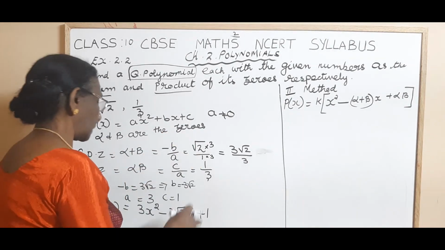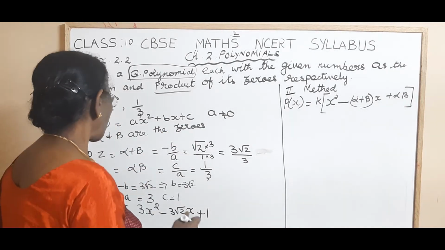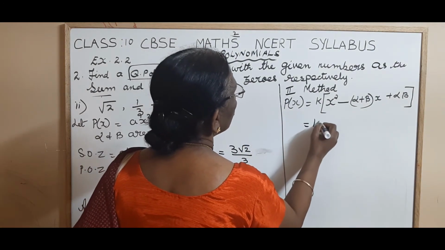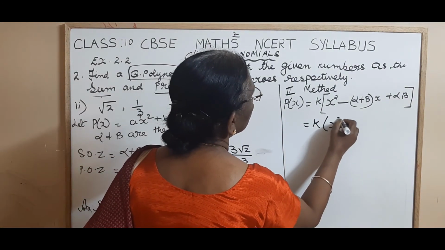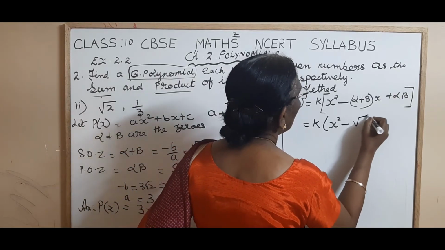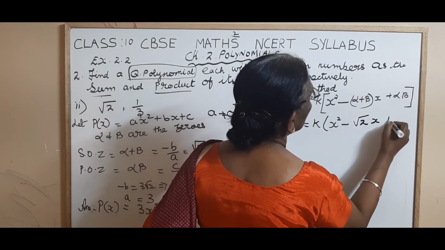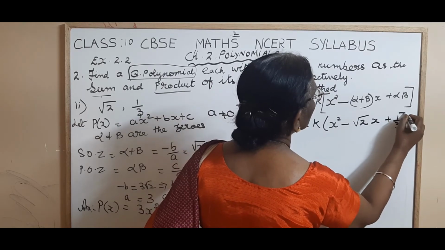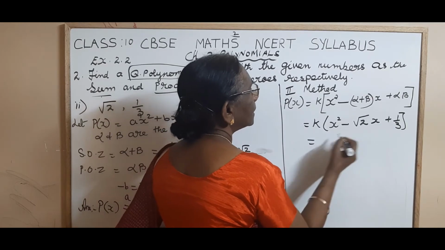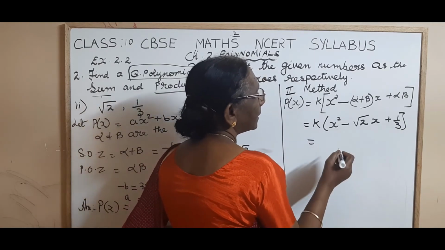If you use this method. And now if you use this, k into x squared minus alpha plus beta x plus alpha beta, that is k into x squared minus root 2x plus 1 by 3. You can write as it is, or you can take 3 as the LCM.